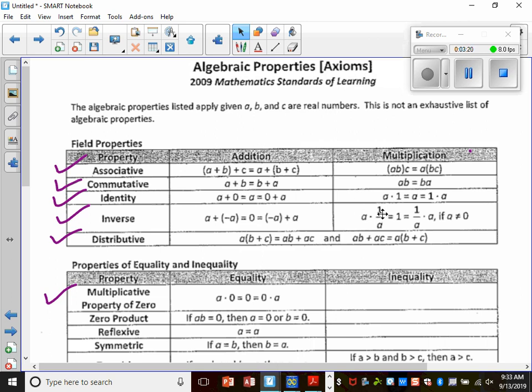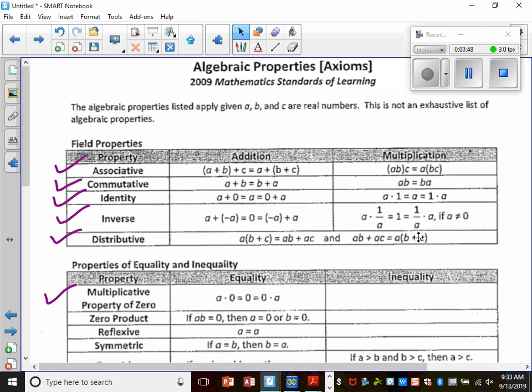If I multiply a number by its inverse, meaning the reciprocal, it always equals 1 whole. It doesn't equal 0, it equals 1. So like 2/3 times 3/2 equals 1. 5 times 1/5 equals 1 whole. When you multiply a number by its reciprocal, it equals 1. That's the inverse of multiplication.